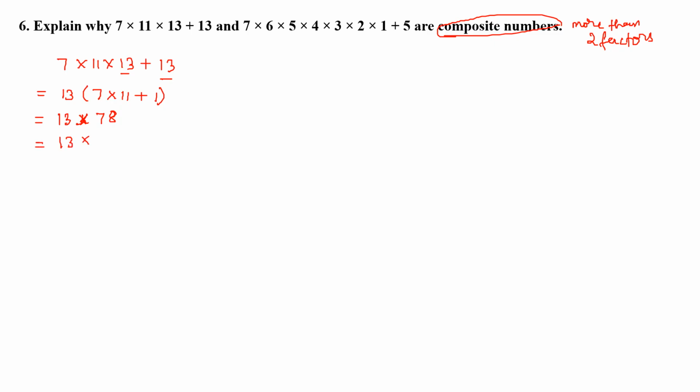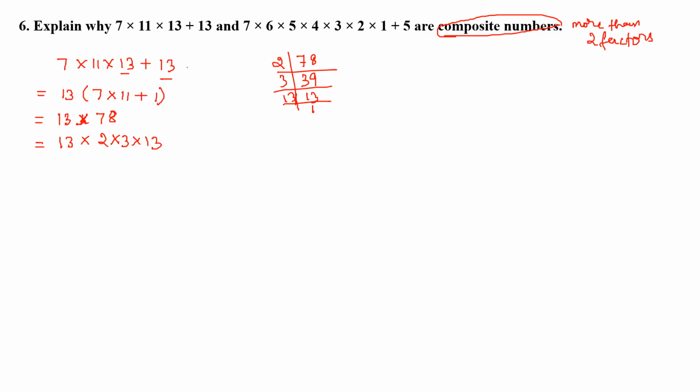It's a composite number. And when you do the prime factorization of 78, what will you get? You just check here. 78, if you factorize it, you will get 2 times 39, then 3 times 13, and 13 times 1, isn't it? So you can write 78 as 2 into 3 into 13.